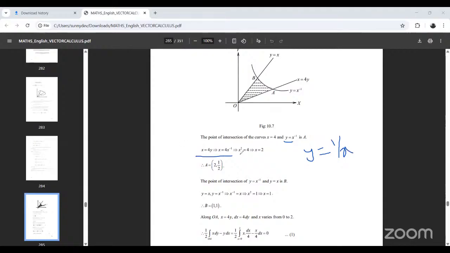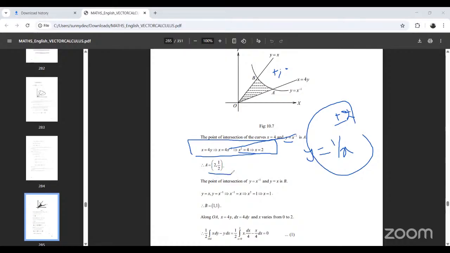From there we can write x equals 4y, so x square equals 4 and x equals plus or minus 2. But here in the first quadrant, both the x coordinate and y coordinate are positive, so we take 2. So A equals (2, 1).